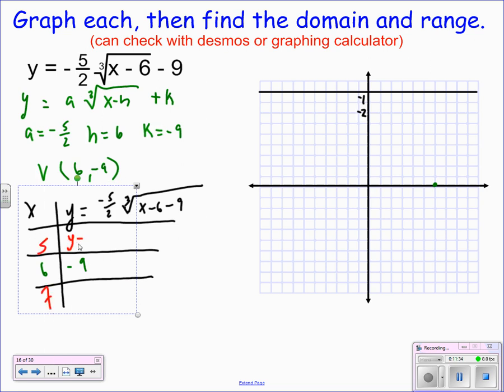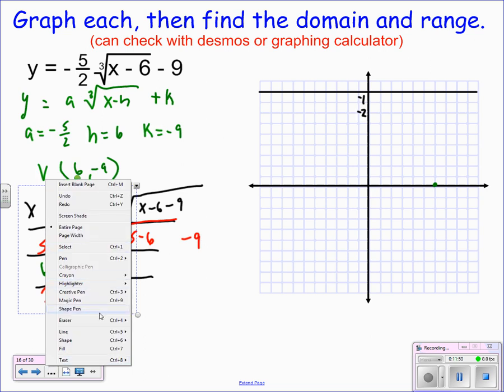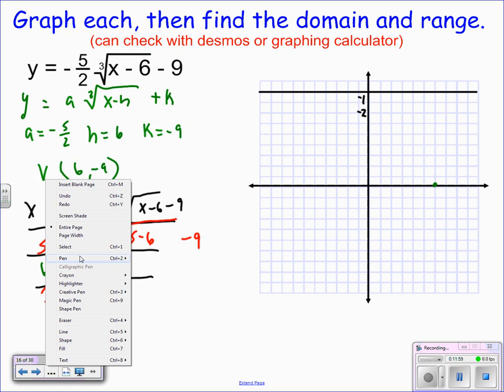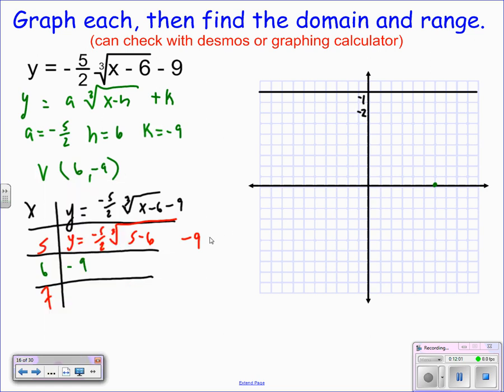So let's find the y values. And make sure the -9 is not included under the root. I accidentally did that at the top of my table. I'm going to set up the second one as well and then grab the calculator.